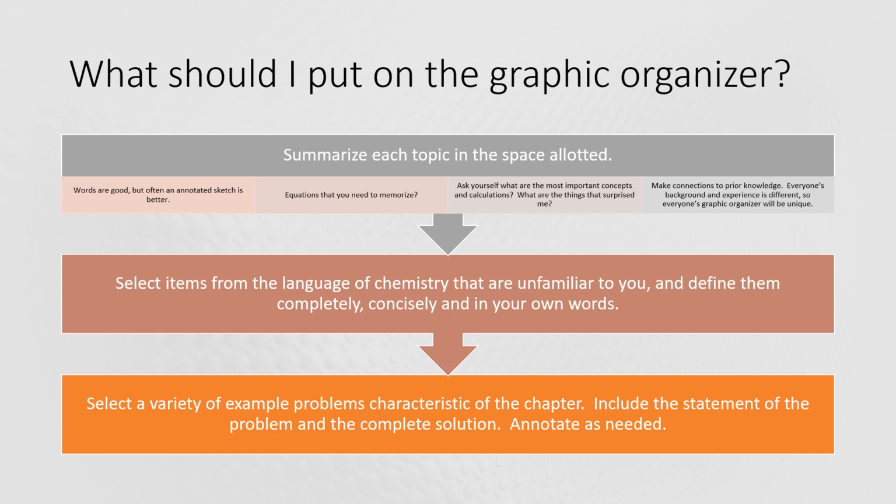Like we talked in class about the word volatile, that volatile means something that evaporates easily, but in common usage, volatile means explosive, and so that's not the chemistry meaning. So you should define these not by looking them up in a glossary or a dictionary, but by putting them into your own words. These definitions should be concise and complete.